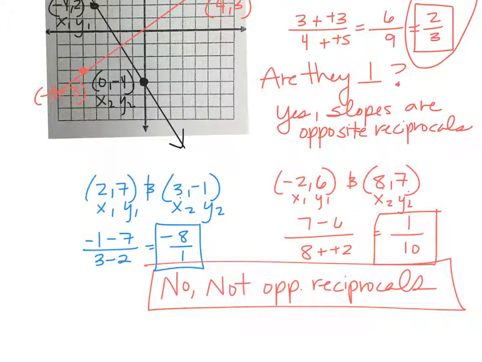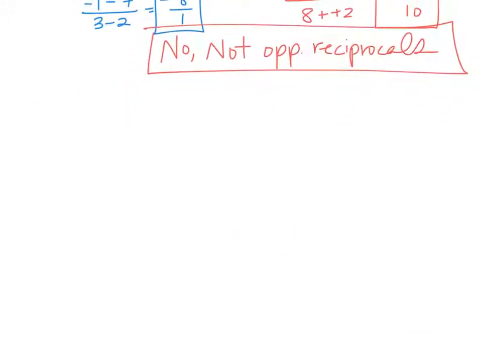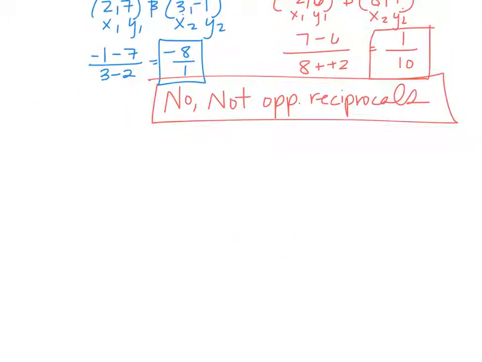Okay, so that's just finding the slope. Now we're going to do something different with that. This one looks a lot like one of them that you did in Friday's lesson, but perpendicular instead of parallel.